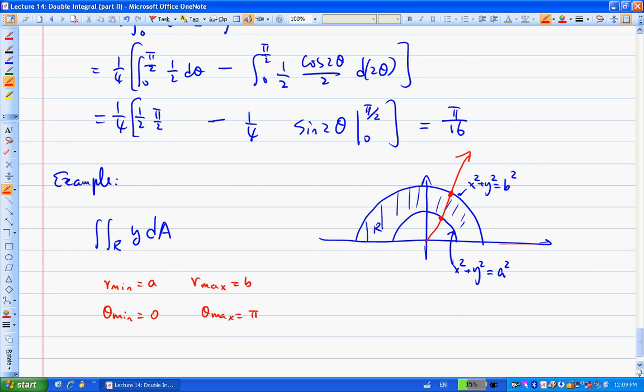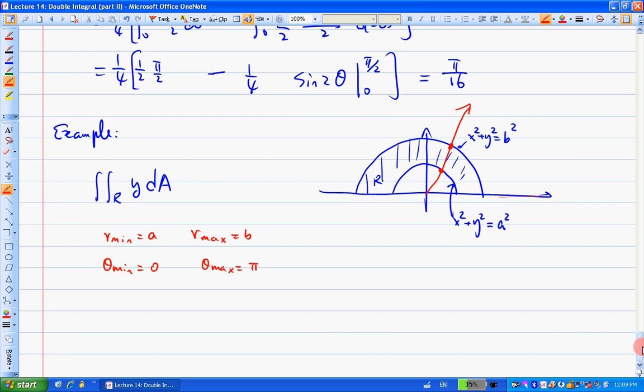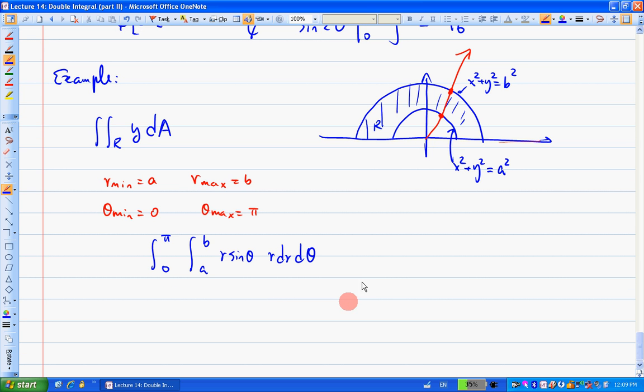Okay, so that's all it is. Then we can write down this double integral in terms of polar coordinates, theta from 0 to pi, r from a to b. Change the y to polar coordinates. Change the dA to r dr d theta. That's it. Right.